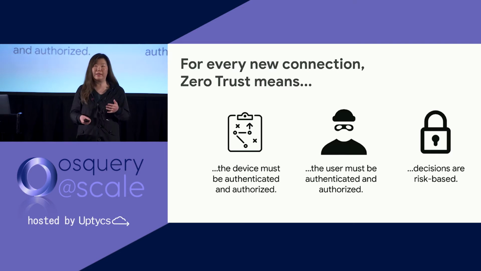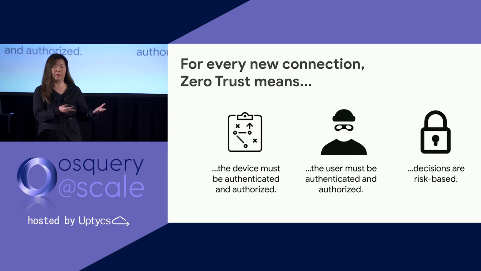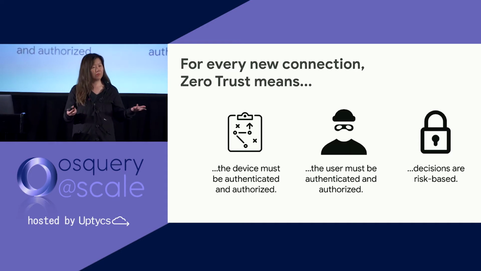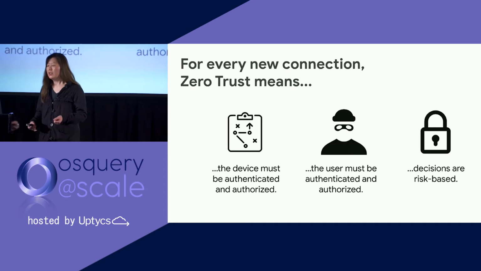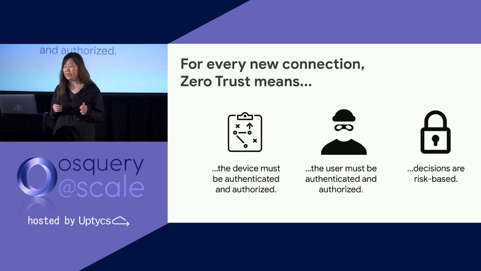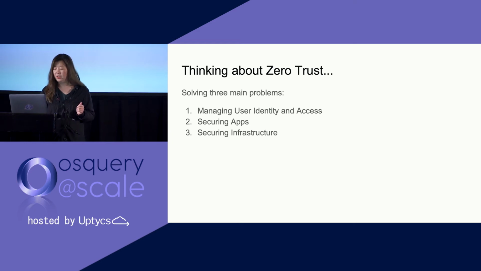So it depends on the sensitivity of the data being stored or processed in the endpoint, and it depends on who the user is, and it depends on what type of device they're using to access that data. So generally, that is what's accepted to be Zero Trust. And I just want to make sure everyone's on the same page.